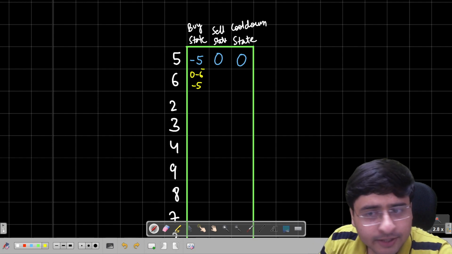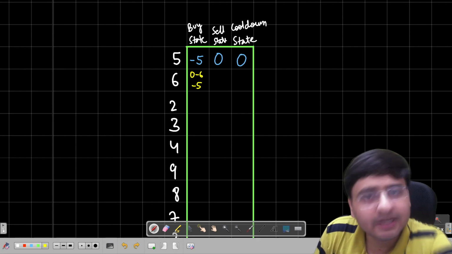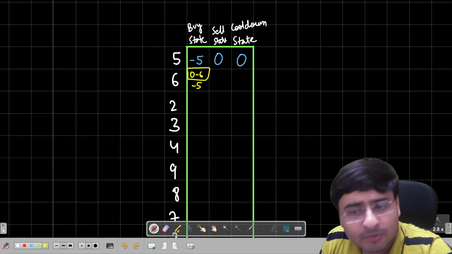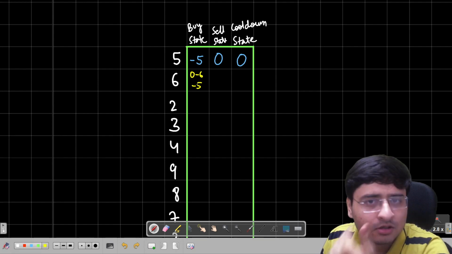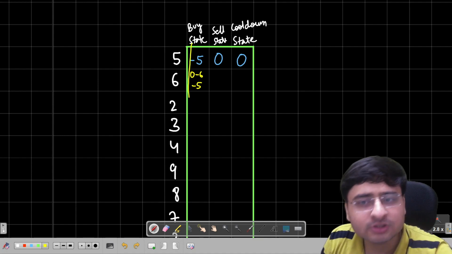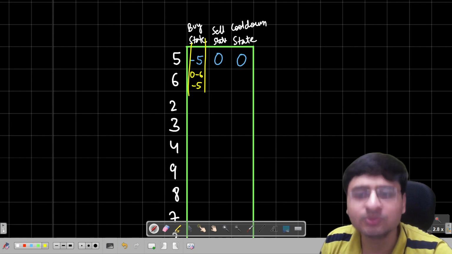Either I can consider my previous transactions to be complete and buy today. That will be the profit of this particular thing. But if I do not buy today, if I continue the previous buying state, it will be this. In short, at this particular stage, you always will be having one stock extra which you need to sell. I hope this is clear.